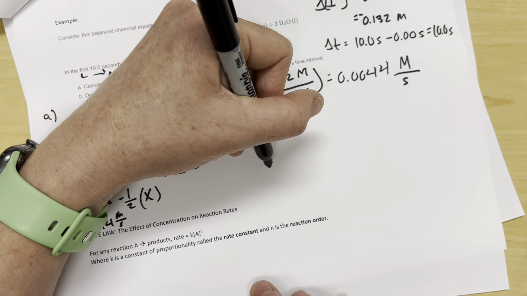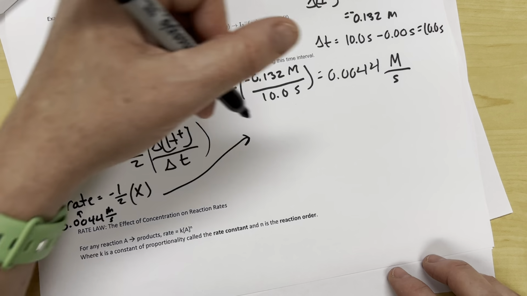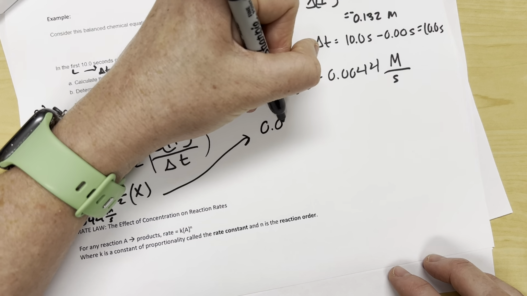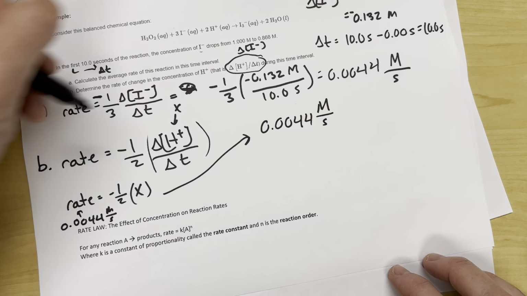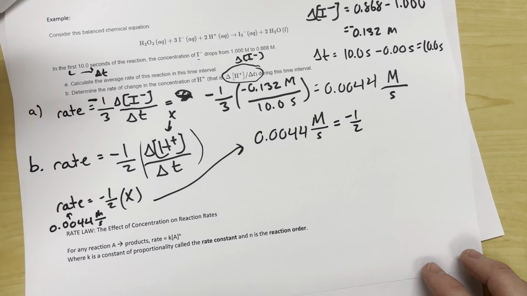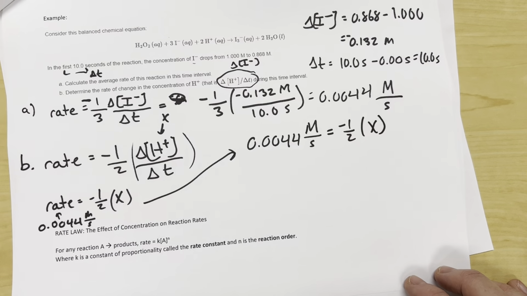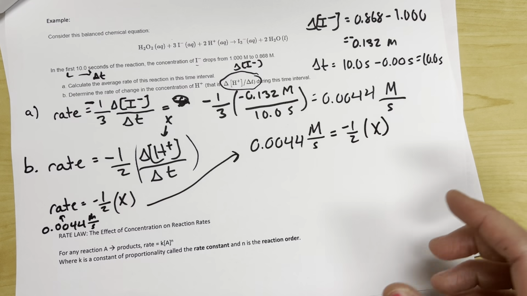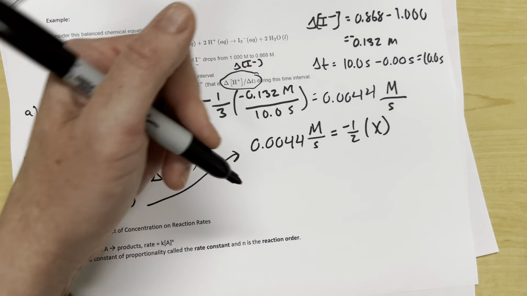And now we just plug and chug. So if I move this whole equation over here and set it up, I have 0.0044 mole per liter per second equals -1/2 times my x. In order to solve for x, you're just going to multiply each side by 2.